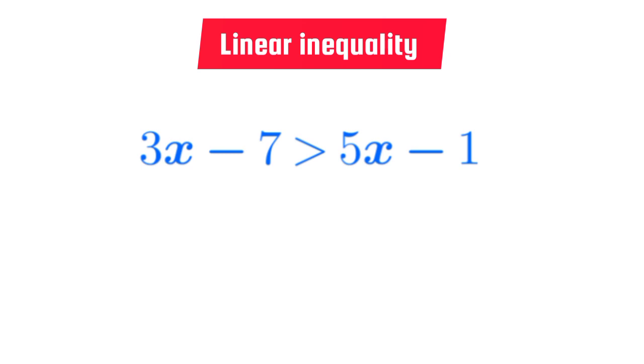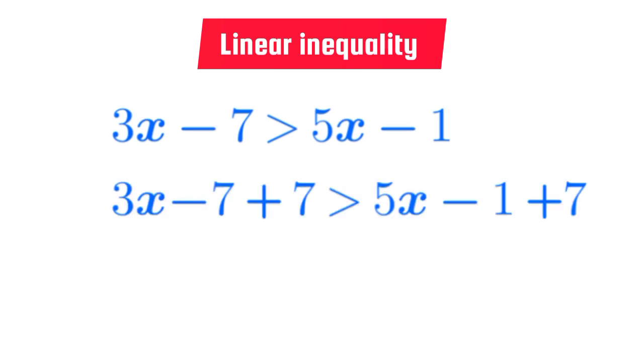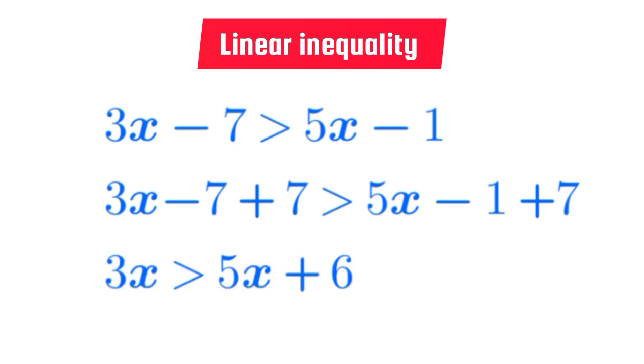So here, in an attempt to make x the subject of the formula, we are going to try getting rid of minus 7 on the left-hand side of the equation. So what do we do? We add positive 7 to both sides. Now, minus 7 is going to cancel positive 7, and minus 1 plus 7 is equal to 6. So we have 3x is greater than 5x plus 6.